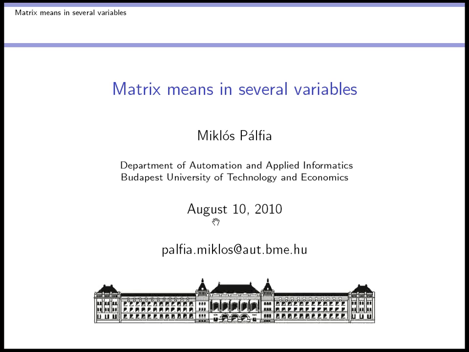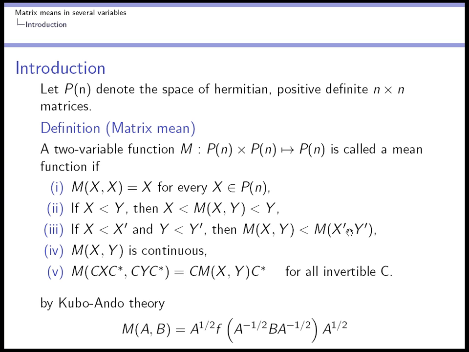They proved that every such matrix mean which fulfills the five properties and the symmetricity property is defined by an operator monotone function in the following form. In this way, it was characterized that the largest symmetric mean is the arithmetic mean and the smallest is the harmonic. In between we have a lot of possibilities. These operator monotone functions also have an integral characterization by some positive finite measure.